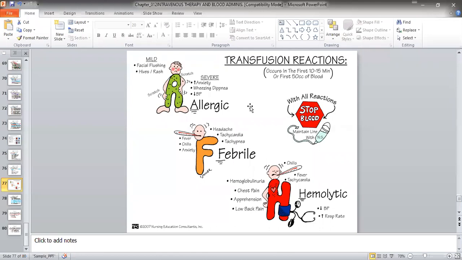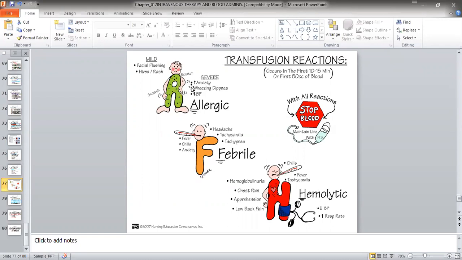This picture can help us to memorize the transfusion reaction. You can see A, F, H. A for allergic reaction, F for febrile, which means fever, and H stands for hemolysis.